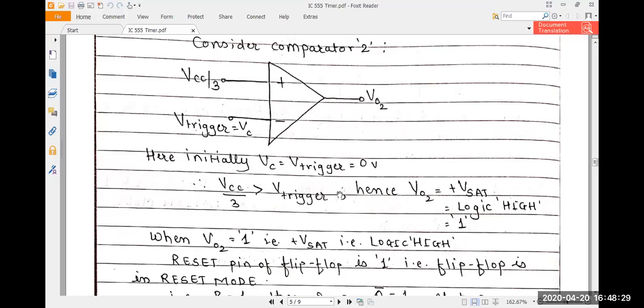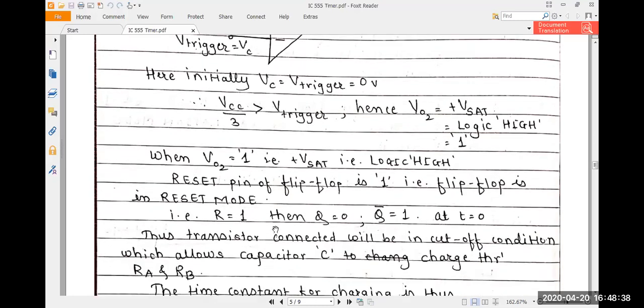Now when VO2 is plus Vsat, we consider this as a high logic, or VO2 would be 1. When VO2 is 1, if you see the circuit diagram, it is connected to the reset pin of the flip-flop, which signifies that the flip-flop would be reset. And when the flip-flop is reset, we have Q is 0 while Q bar is 1.